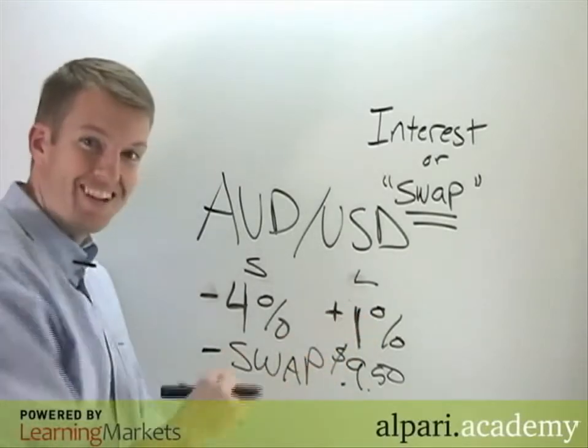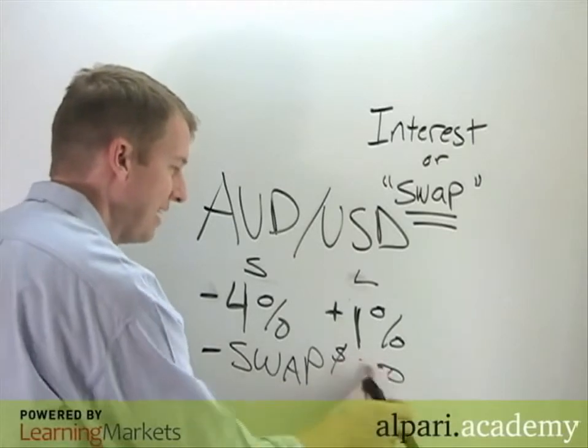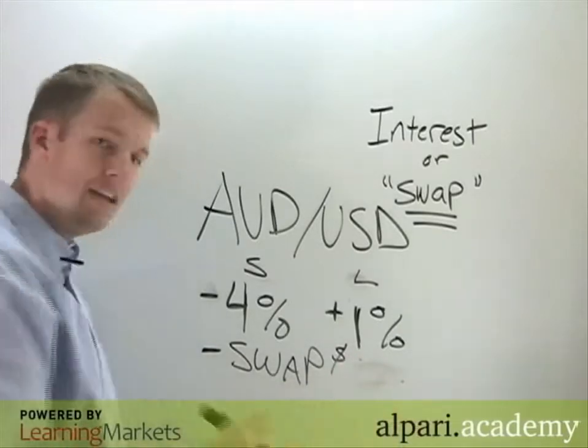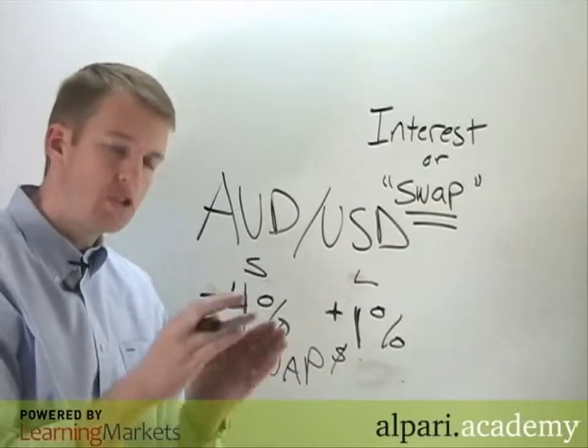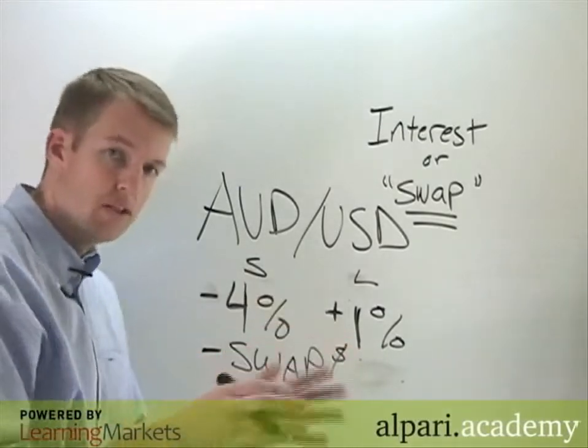Now this differential at that point is working against you. So now no longer are you making a swap rate, you're paying a swap rate, and usually you pay a little bit more than you would make if you were on the other side of the transaction.